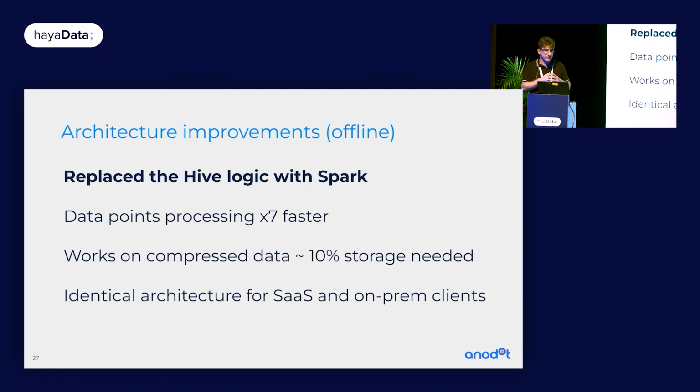Especially it's very sensitive to a lot of small files. If you have them in a system, it can significantly degrade the performance. After replacing, we can save the same amount of data at about 10% of the previous storage, and the total flow execution time is much faster due to faster I/O. Okay, we can load the data much faster for processing.